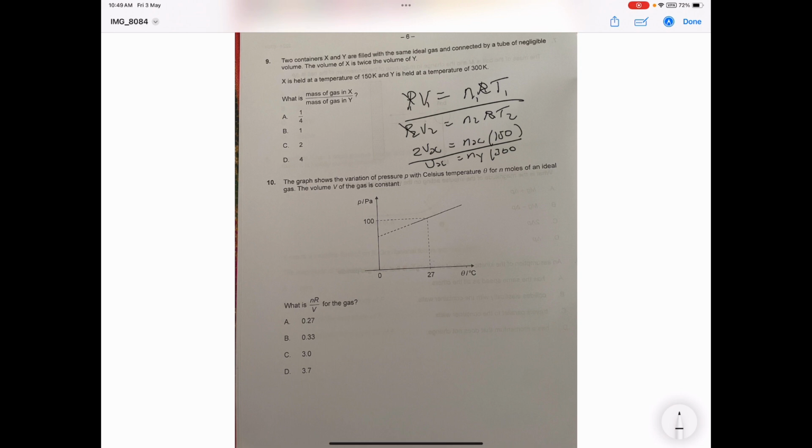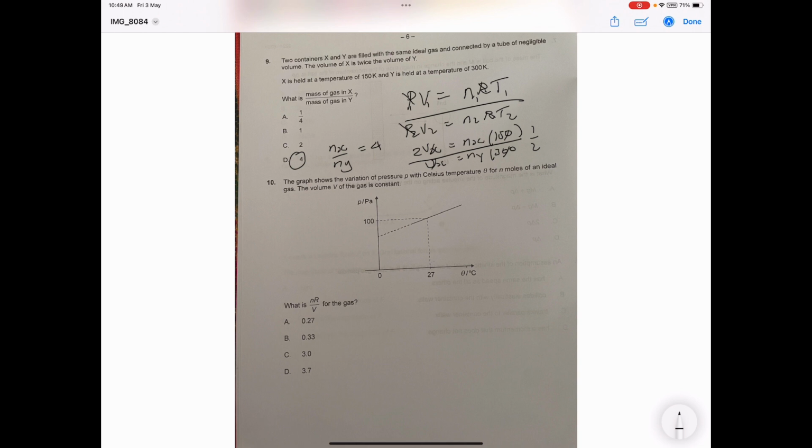So the Vx's cancel out, so this is going to be 150 over 300, of course, is half, so Nx all over Ny is equal to 4. The answer is 4. The number of moles here is equivalent to the mass, so we can use Nx over Ny.